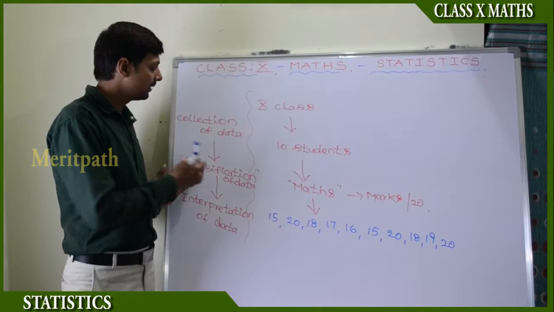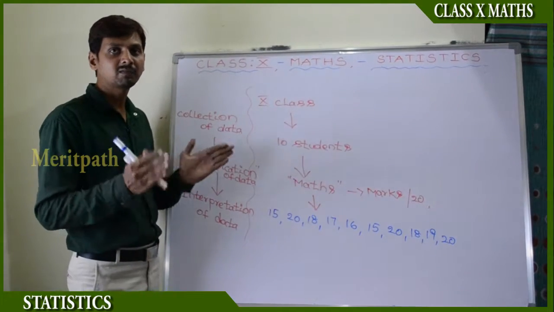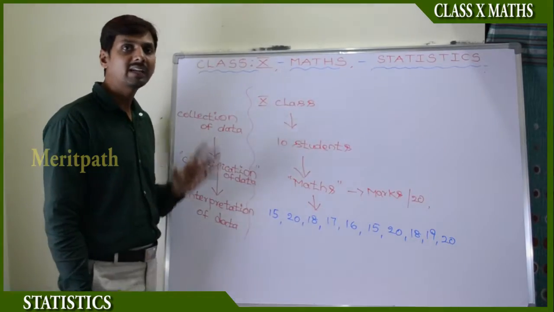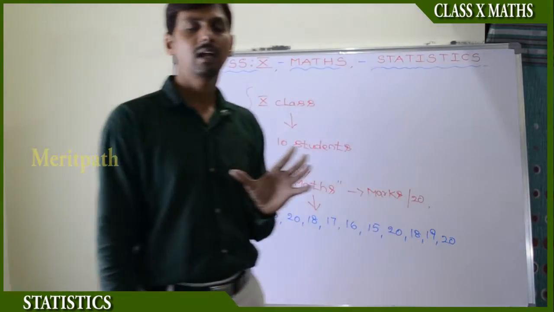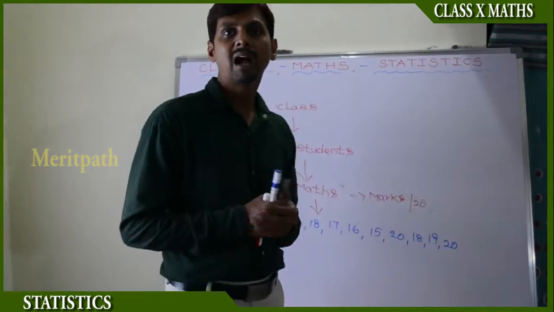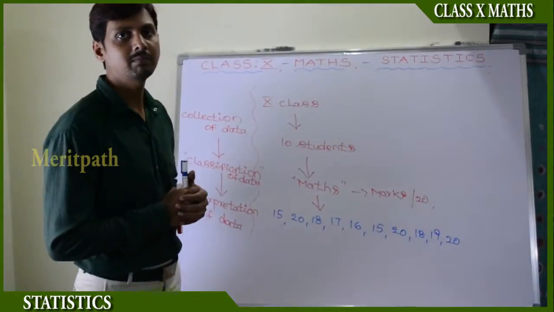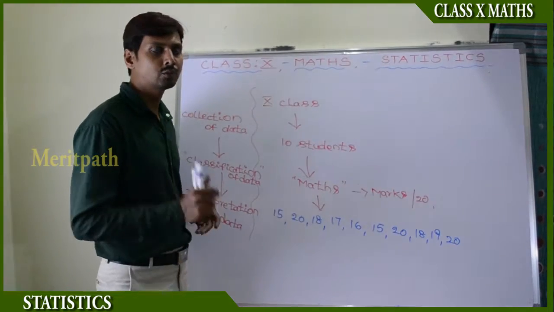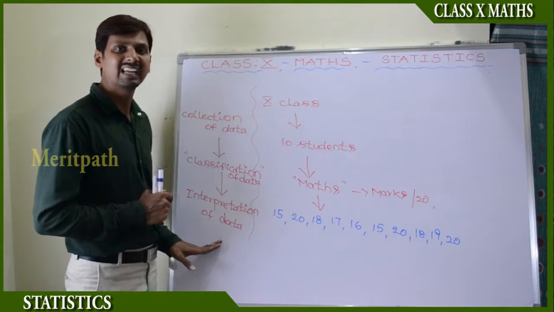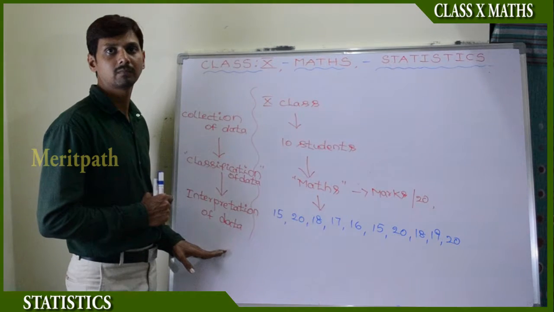To find out, we need to classify them into groups, that is classification of the data. Then, to understand very clearly, we'll use pictures like bar diagram and pie diagram to represent this information, and this is called interpretation of the data.